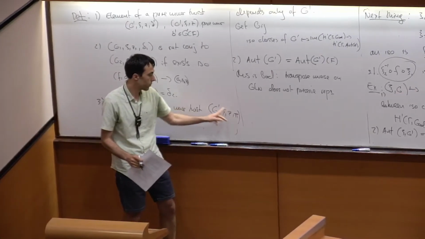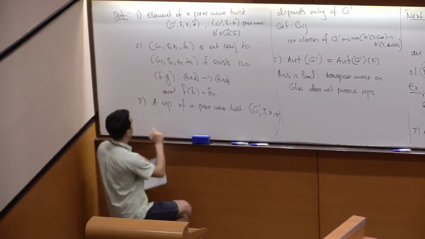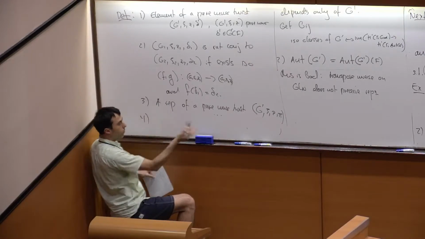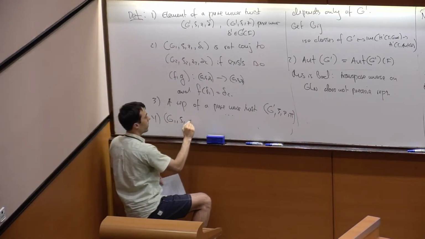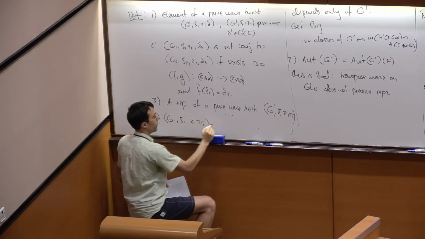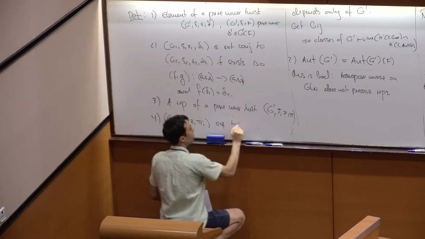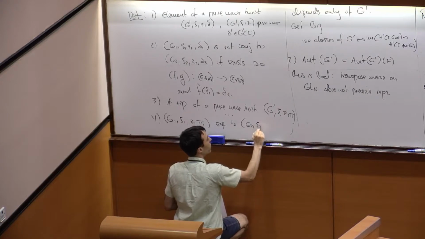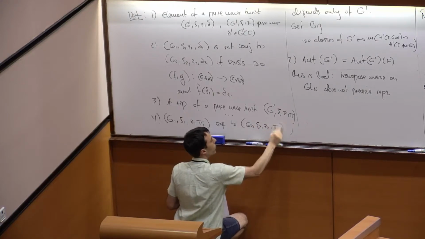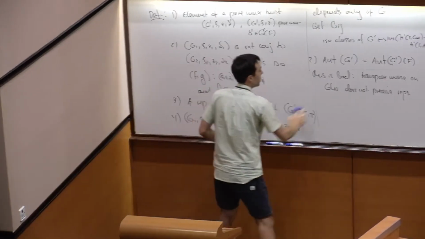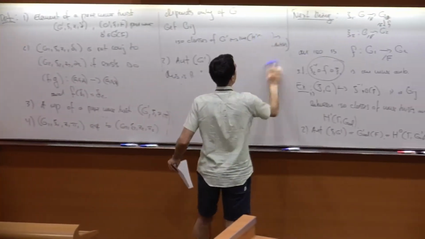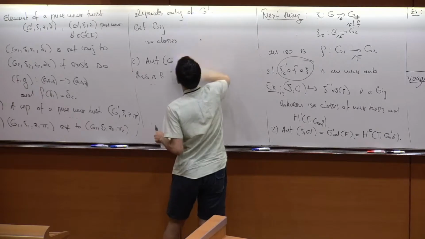This is a representation of the F points of G prime. And two such will be equivalent. So G1, psi1, Z1, pi1 equivalent to G2, psi2, Z2, pi2. The definition is the same as up here. There has to exist an isomorphism between the pure inner twists, sending the one representation to the other.